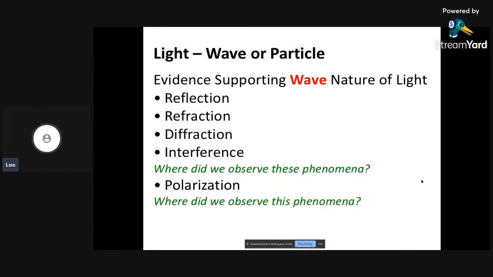So before that, let us differentiate again what is light when it comes to wave or particles. So before we considered light to be made of particles, the evidence supporting the wave nature of light, ito yon, we are already familiar with these words: reflection, refraction, diffraction, interference, and also polarization that can be observed.